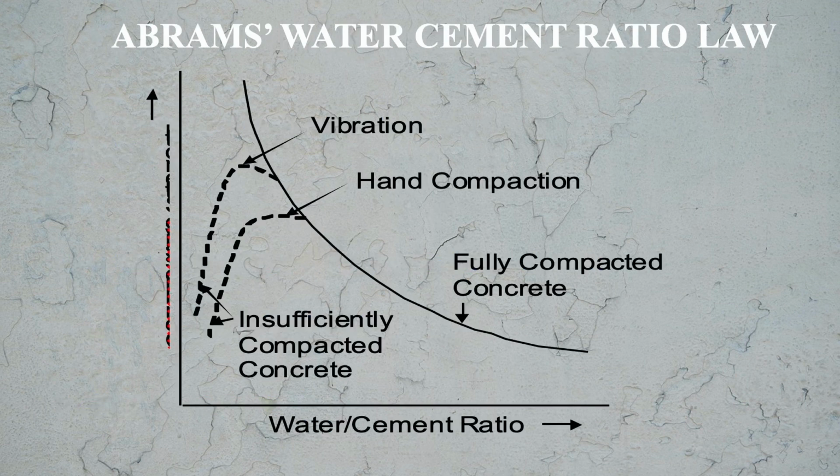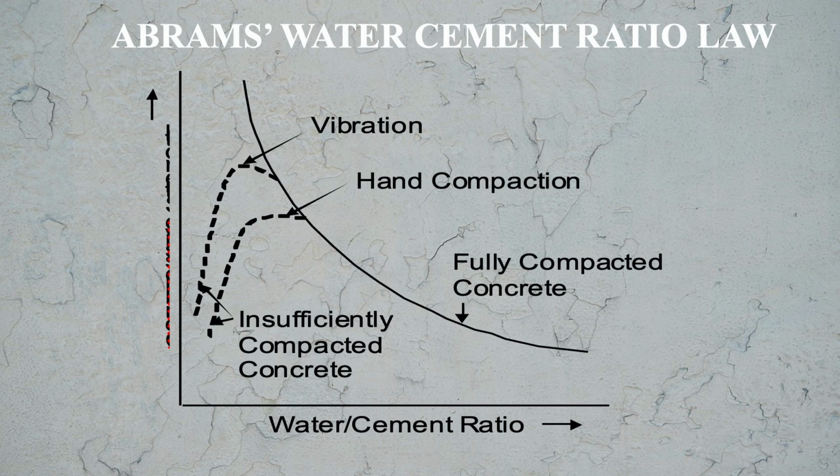Here you see the graph between the compressive strength and the water cement ratio. As you see, initially when the water cement ratio is low, the strength of concrete is high. When water cement ratio is increasing, then the compressive strength of concrete is decreasing.